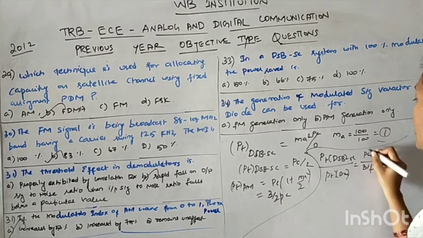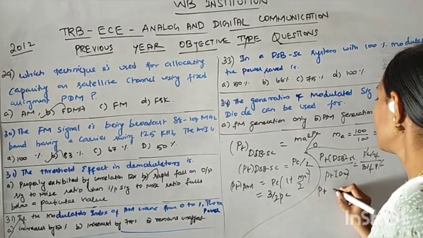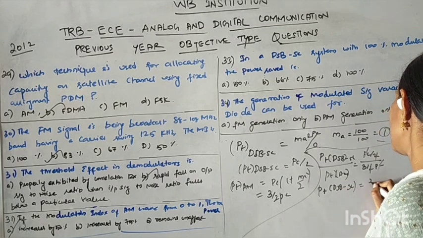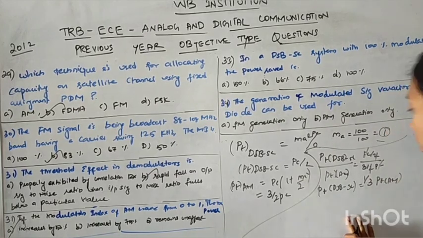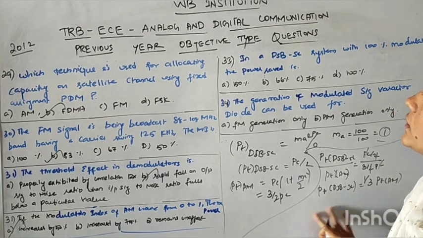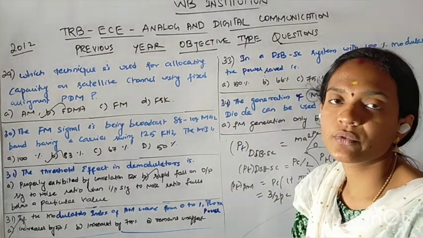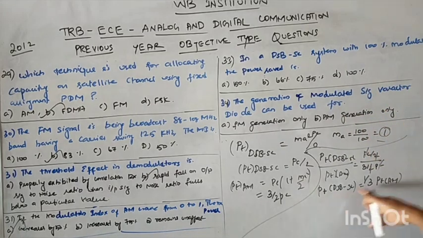So 2 cancels, PC cancels. So the answer: PT of DSB-SC equals 1 by 3 into PT of AM signal. This is the transmitted power.